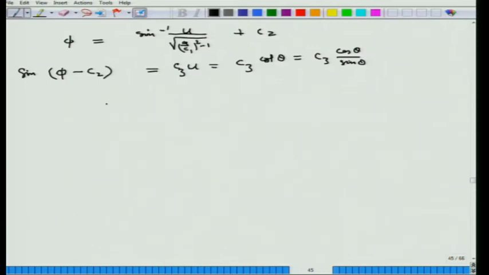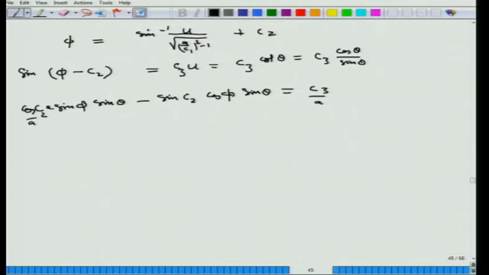Simplifying this here and taking sin theta, so sin phi sin theta and this cos C 2 minus sin C 2, cos phi sin theta equal to C 3 by A. Here also we can take by A, like this, by A cos theta.